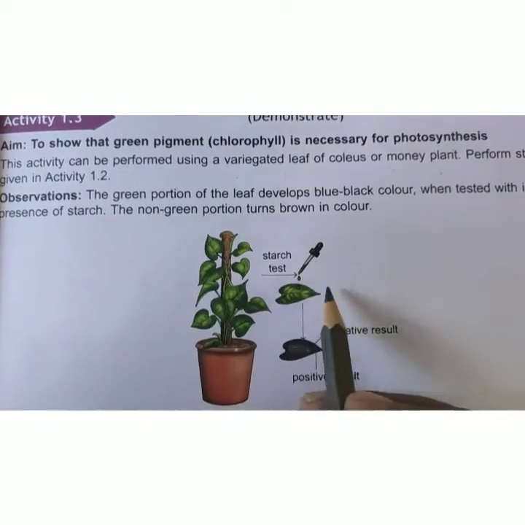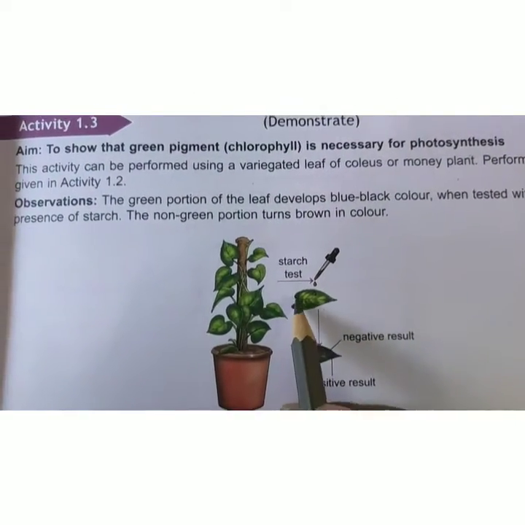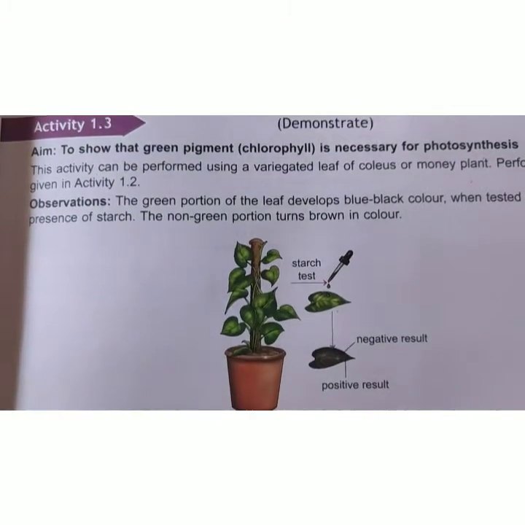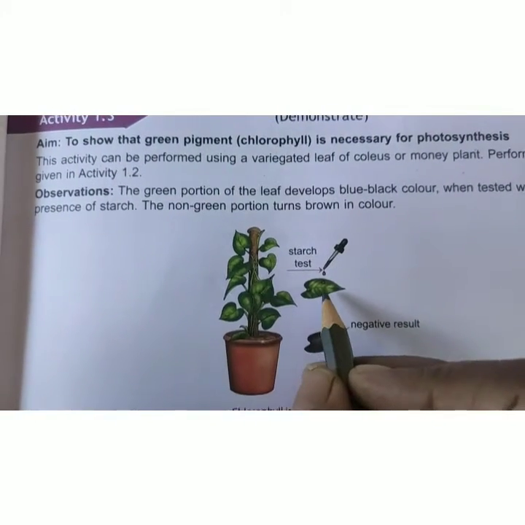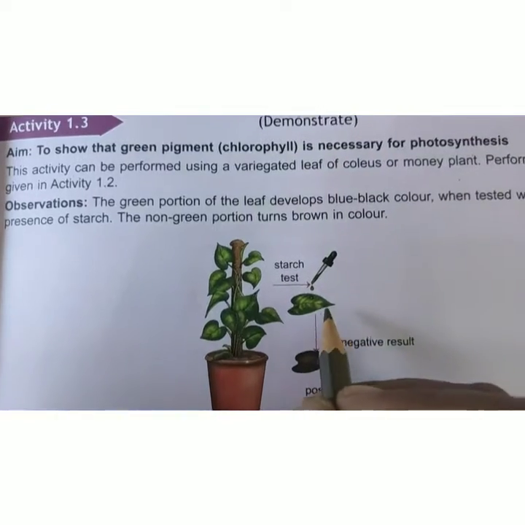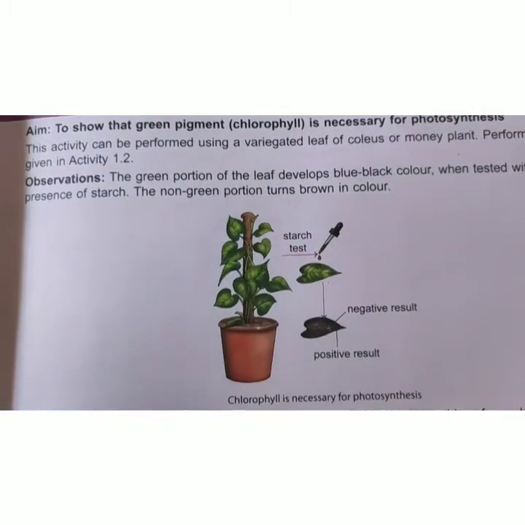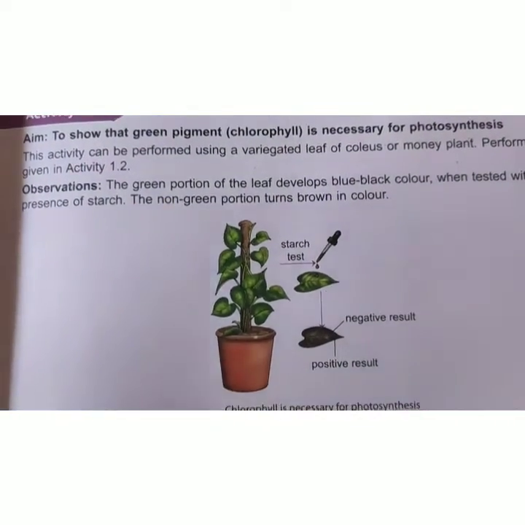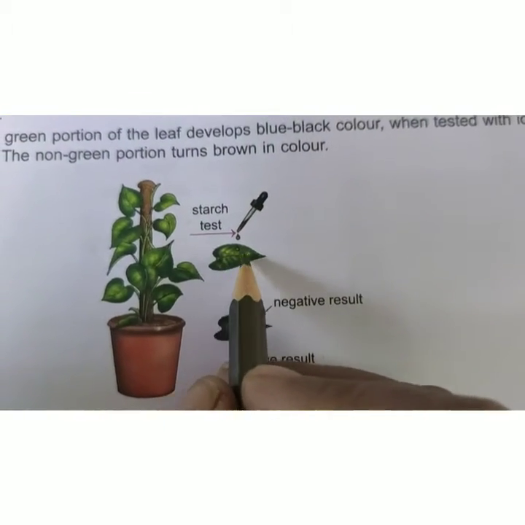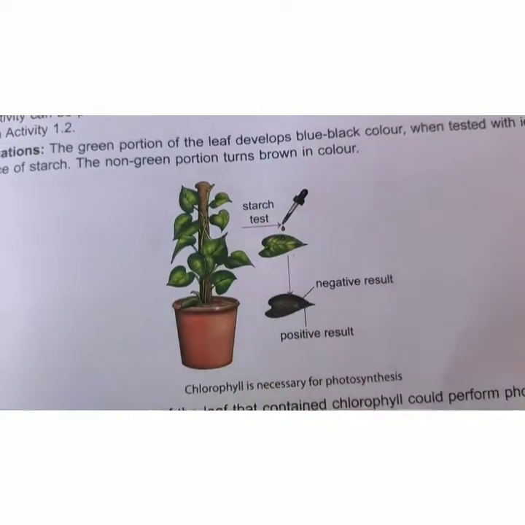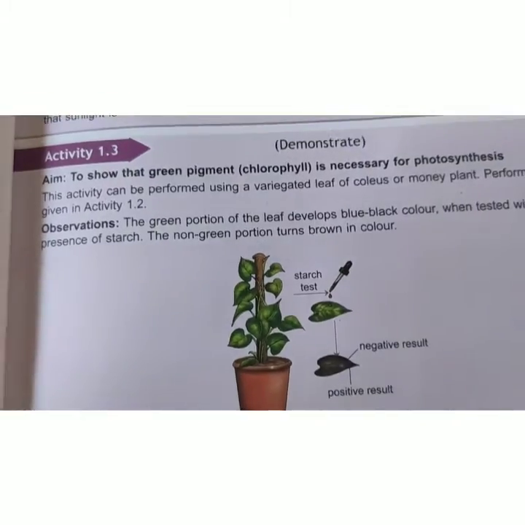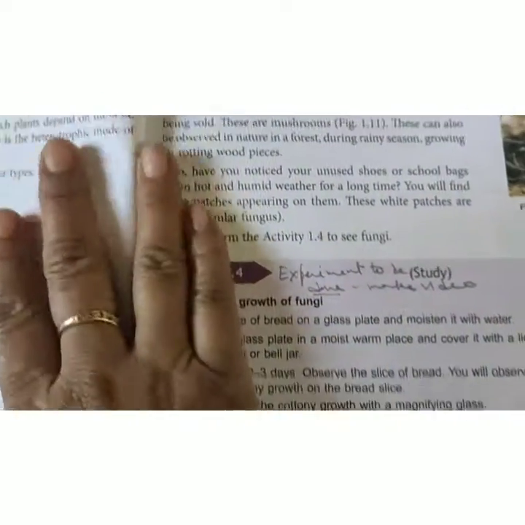If you take a leaf of money plant that has both white and green areas and keep it in sunlight for 2 to 3 hours, and then test it with iodine solution, the parts which are green in color will show blue-black color, whereas the parts which are white in color won't. So this shows that only green plants can carry out the process of photosynthesis.